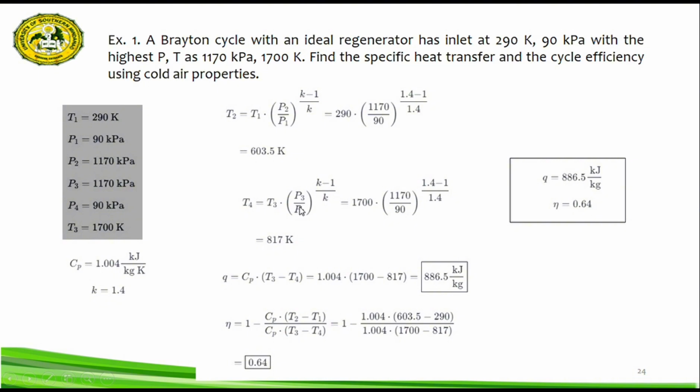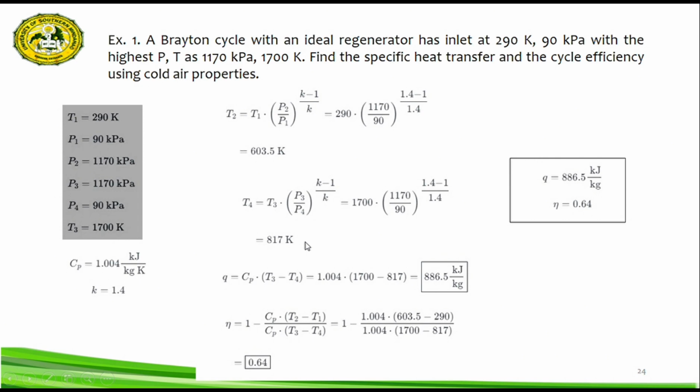To find the temperature at state 4, we use the temperature at state 3 multiplied by the pressure at state 4 over the pressure at state 3, raised to k minus 1 over k. By plugging in the given values, 1700 Kelvin multiplied by 90 over 1170 raised to 1.4 minus 1 over 1.4, we get the temperature at state 4, which is 817 Kelvin.